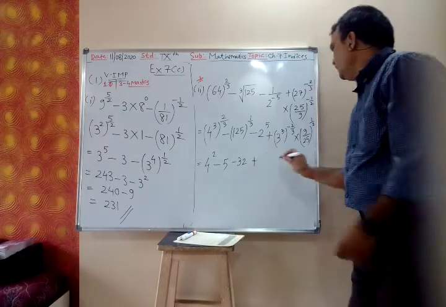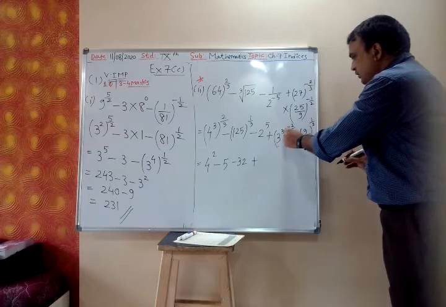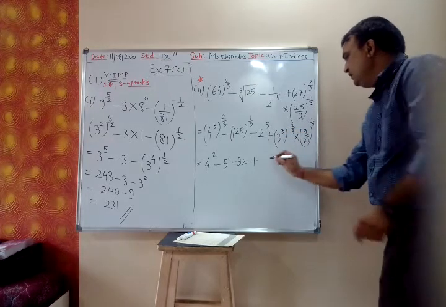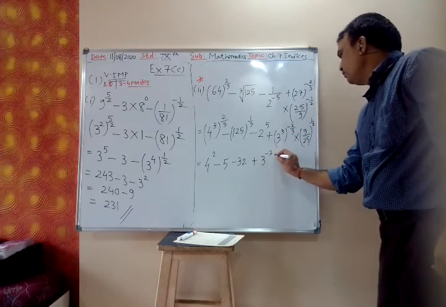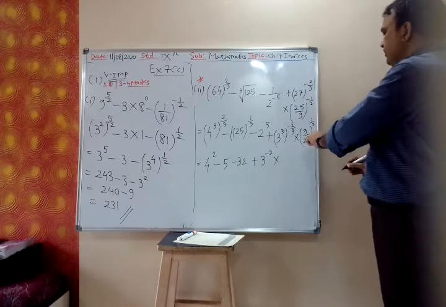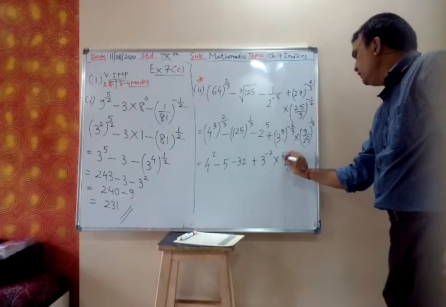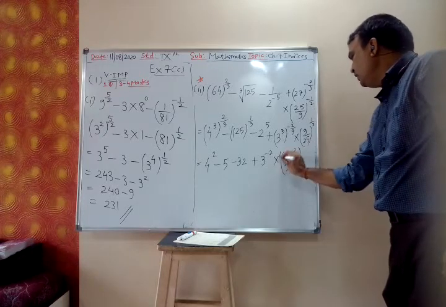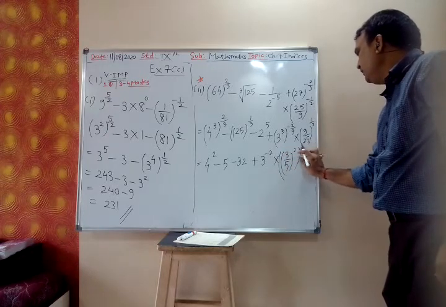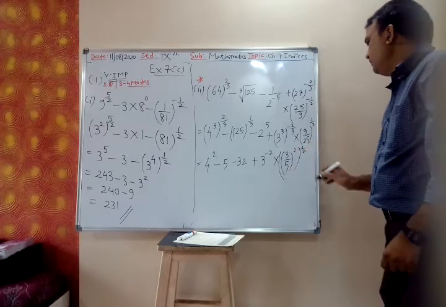Plus 3 raised to 3 into minus 2 by 3, the 3s get cancelled, 3 raised to minus 2, into 9 upon 25, which I can write as 3 by 5 whole square raised to half.